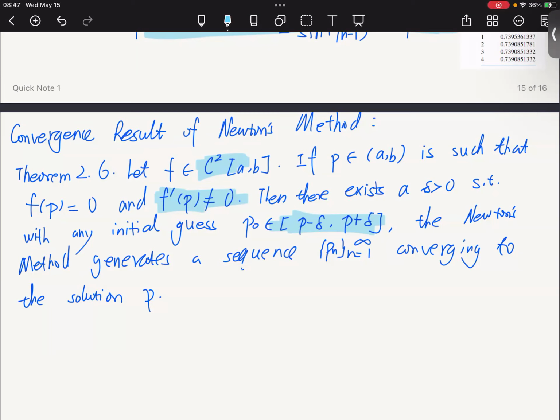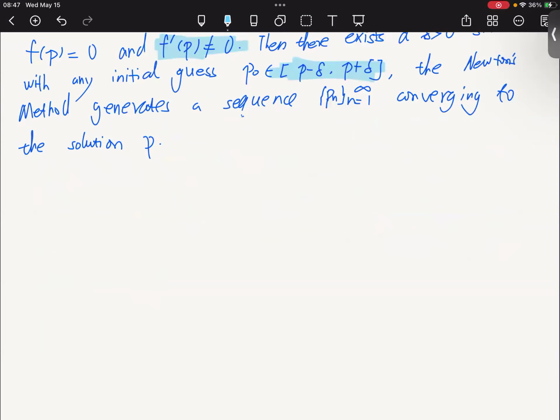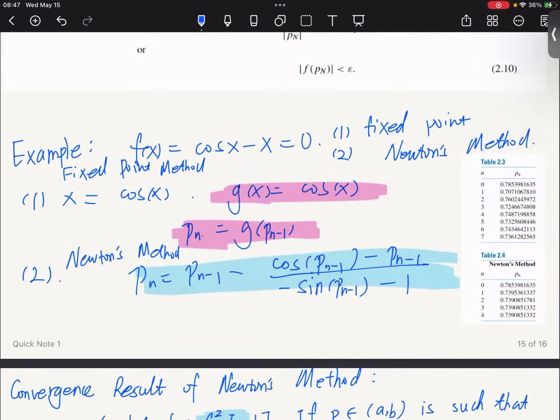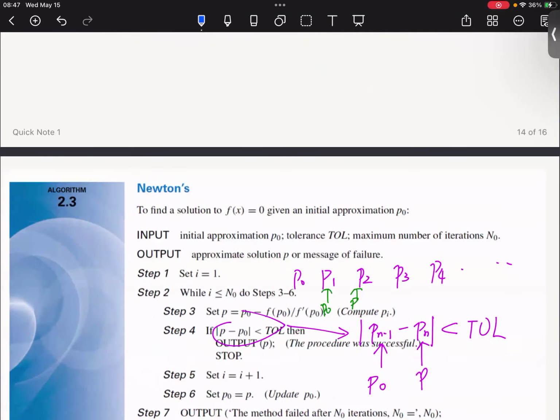It's quite similar to what you have in 104B. We are going to use some approximation instead of the f prime itself. So I'm going to copy this.